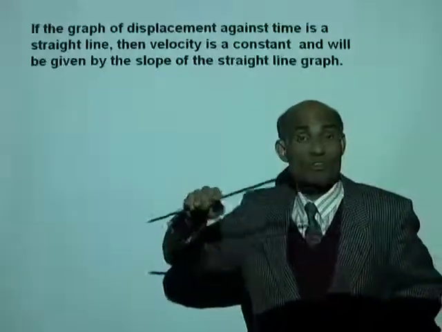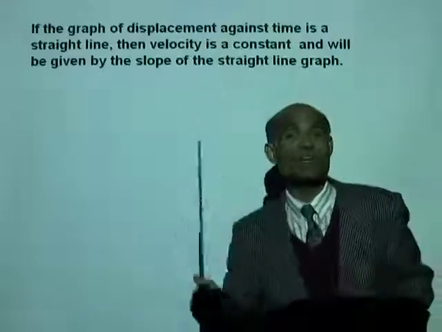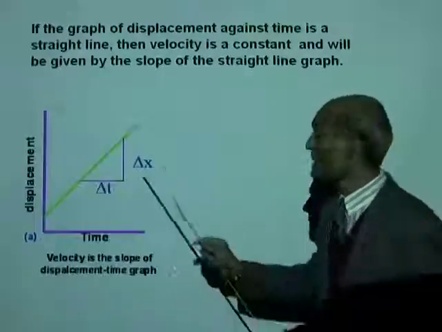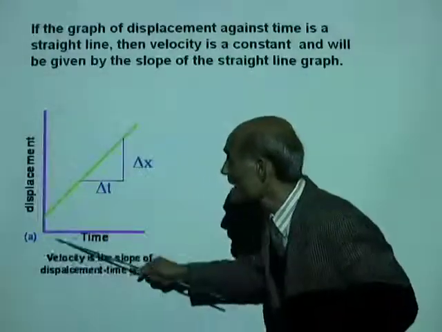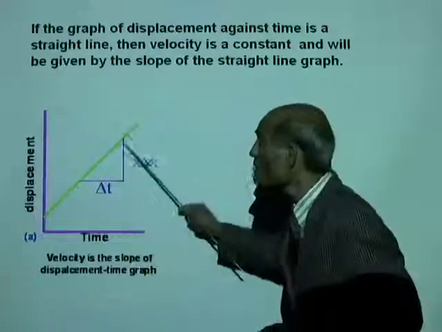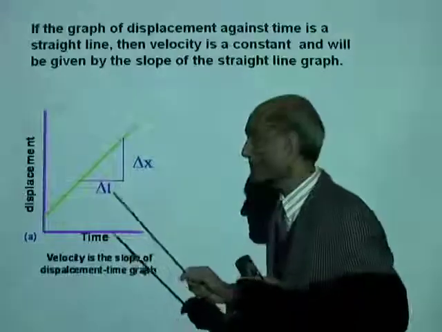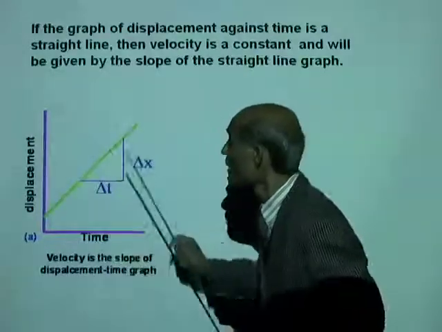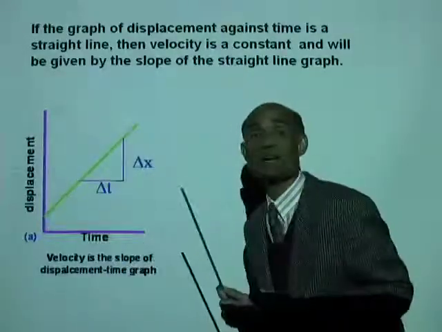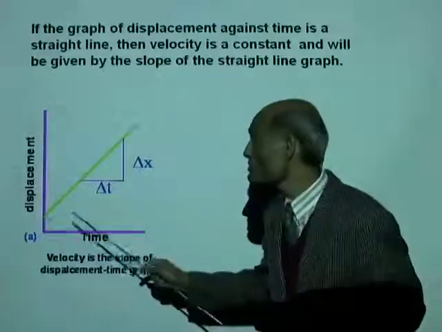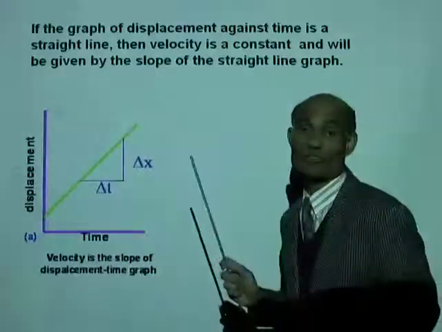You see, only if the velocity remains a constant will the line be a straight line. So displacement against time will be a straight line if the velocity remains a constant. And the slope of the displacement against time graph will be a measure of the velocity.